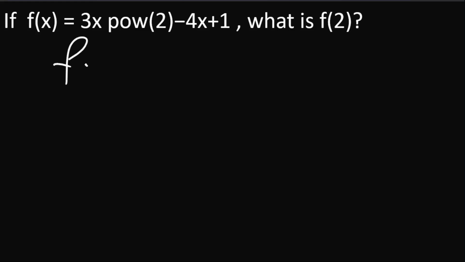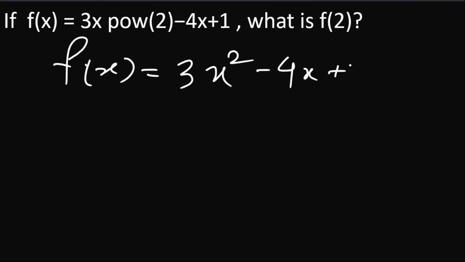For the function f of x equals 3x squared minus 4x plus 1, we need to find the value of f of 2. So here x equals 2.